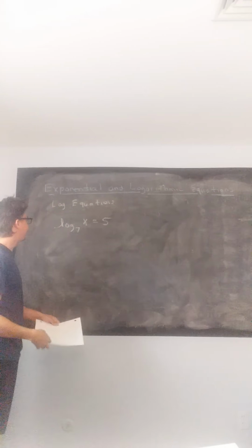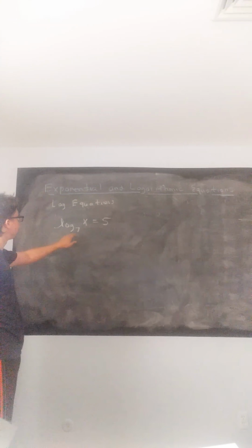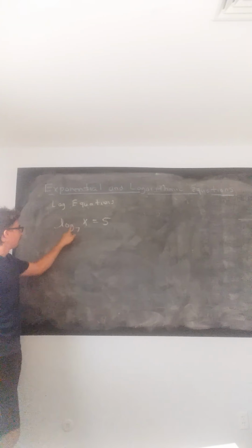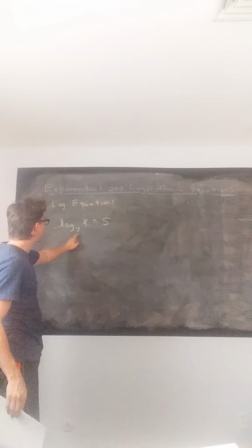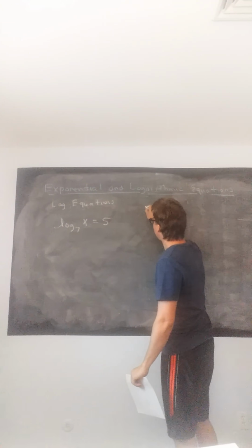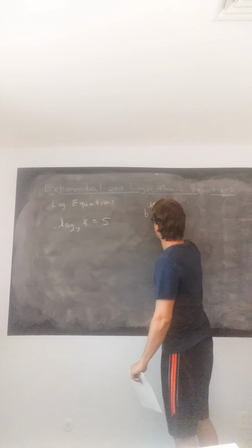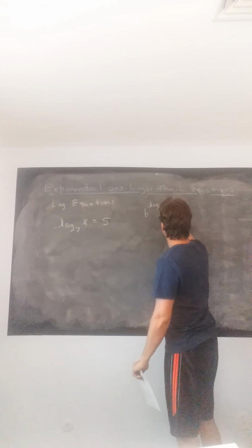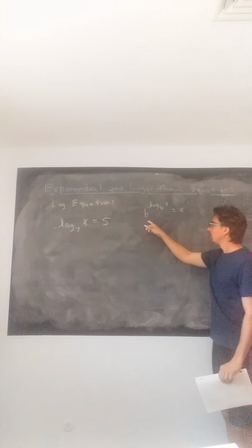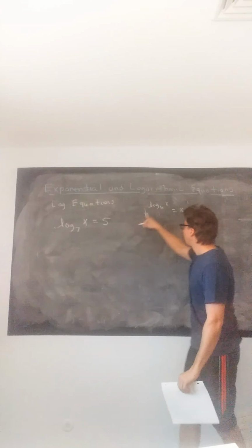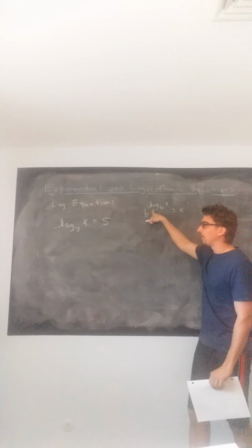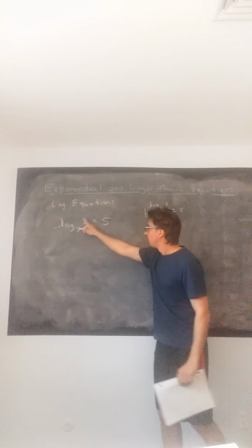Well, what we want to do is incorporate this base 7 log somehow in the problem solving process. So what we do is, we remember we have this property that says if you have b to the log base b of x, that's just x. So in other words, if we raise both sides by 7 and have the log as the exponent, that will free this x to drop right down in front.